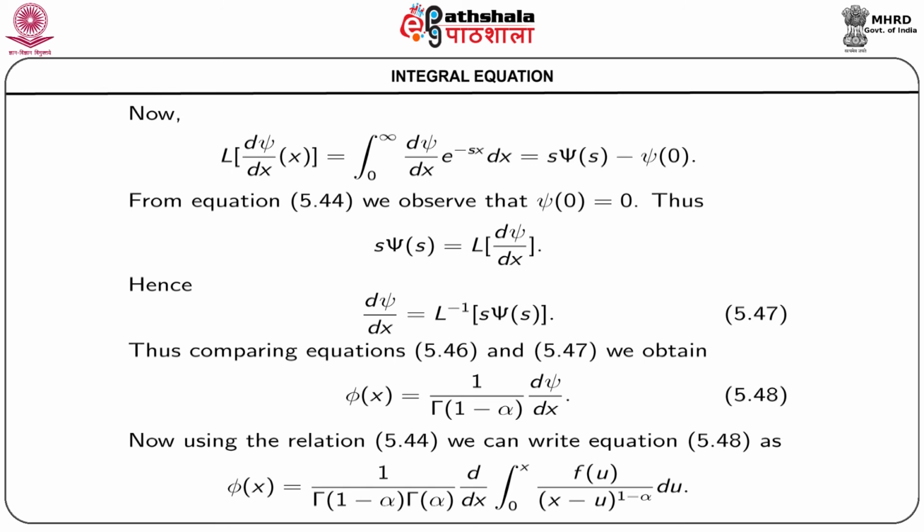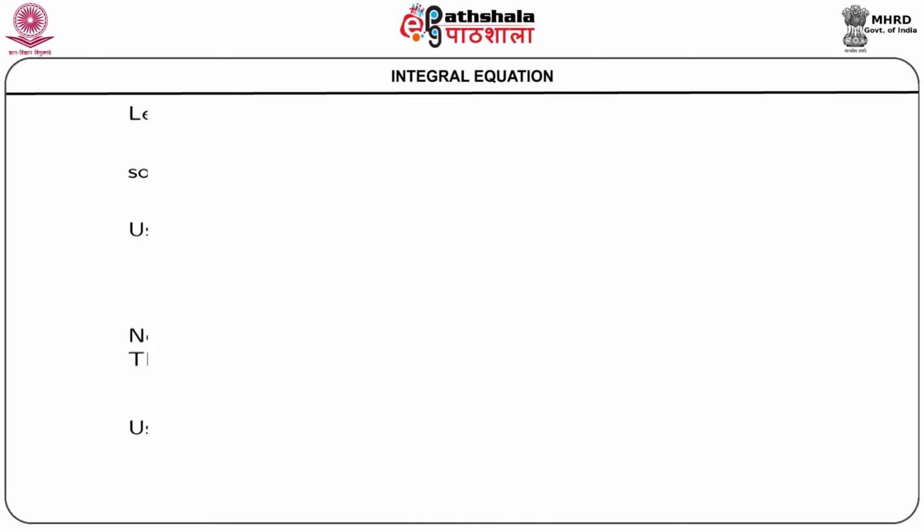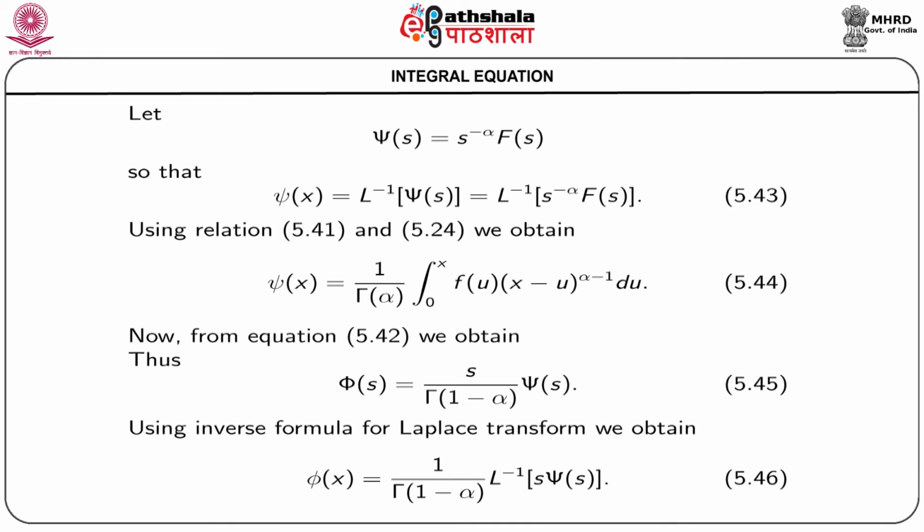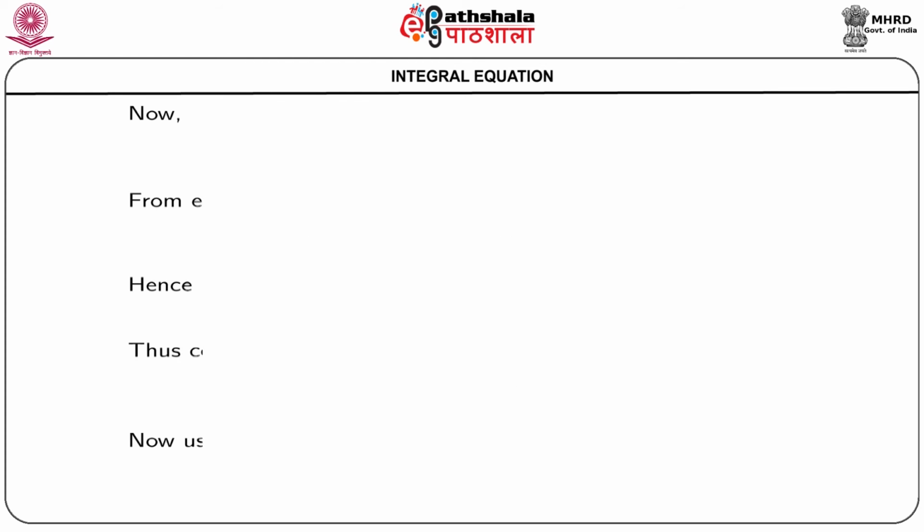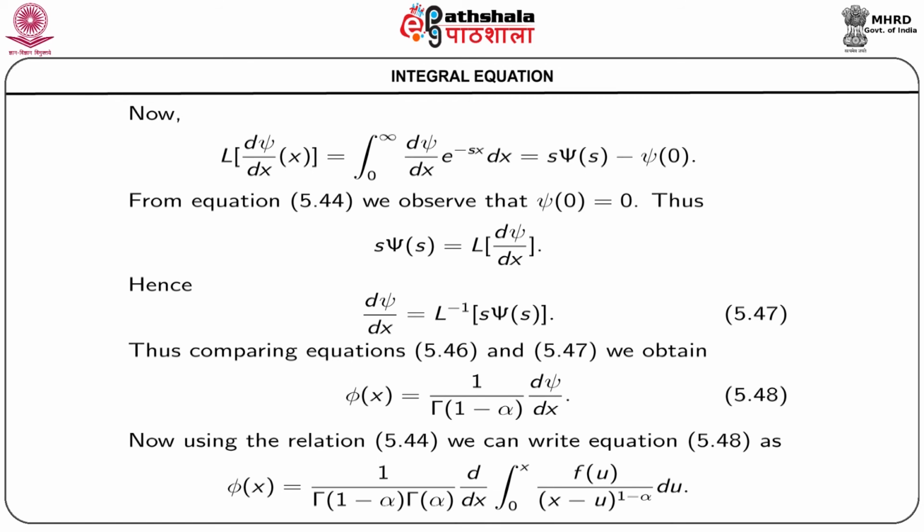So from equation 5.46, we see that phi x involves the Laplace inverse of s capital Psi s, and if we substitute the Laplace inverse of s capital Psi s in 5.46, we get small phi x as 1 by gamma 1 minus alpha into d psi by dx.